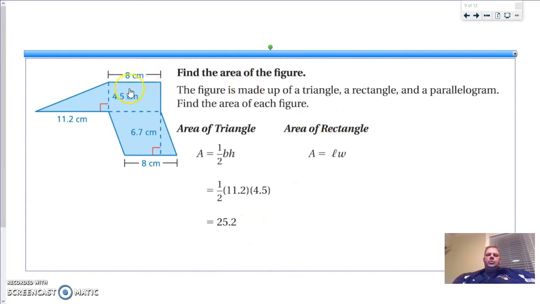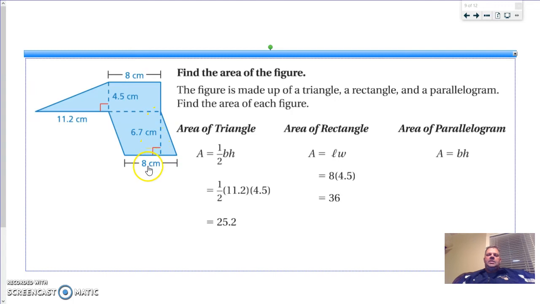Our next one we're going to do is the area of this rectangle. We have 8 as the length, still 4.5 as the width. So when we substitute those in, 8 times 4.5, our answer is 36. We also have a parallelogram, which is the base times the height.